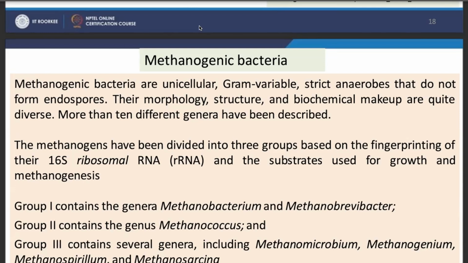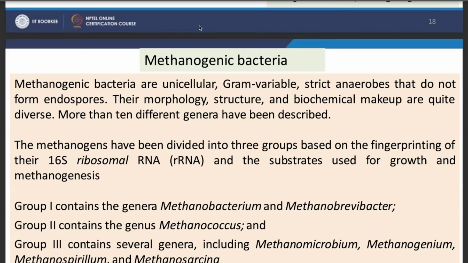But this classification is not useful for methanogenic bacteria. Why? Because in this group of bacteria, that is methane producing bacteria, they have both gram positive as well as gram negative bacteria, right? Hence, they are called gram variable.